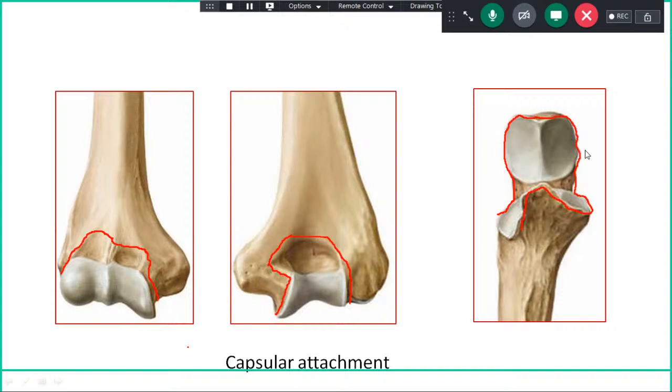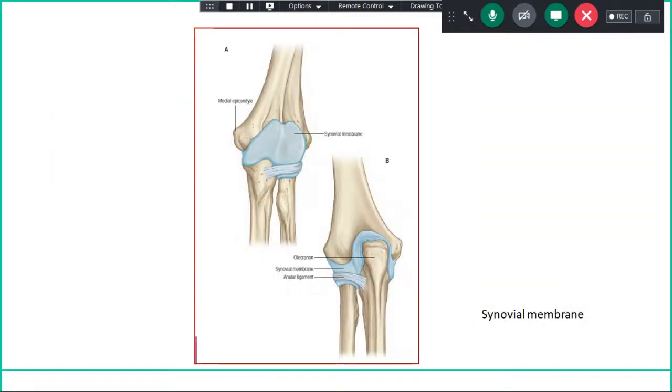Okay, so this capsule actually blends with the ulnar ligament also. They are all blended over here. So it will continue along the margins, and then over here it gets merged under the annular ligament present on the head of the radius. Now since this is a synovial joint, the capsule is lined by a synovial membrane.